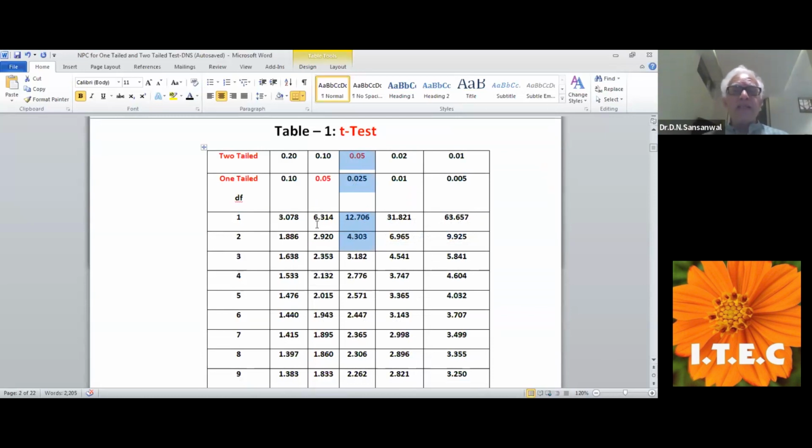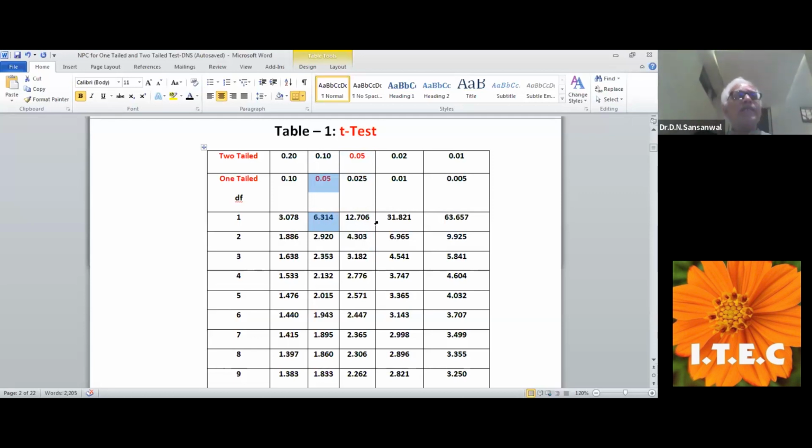But if you take the same value at the one-tail test, then the value should be 6.314. So this is for the one-tail test and this is for the two-tail test.